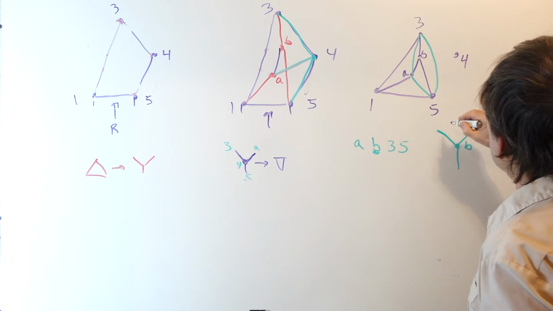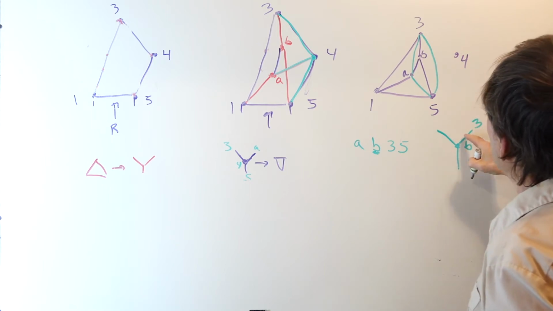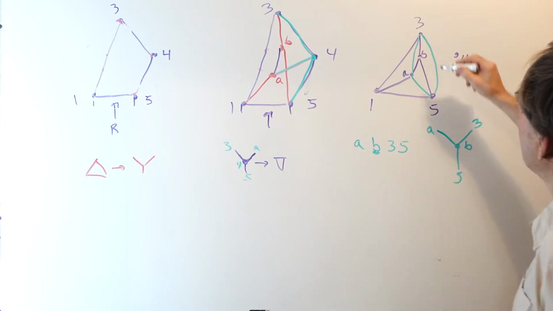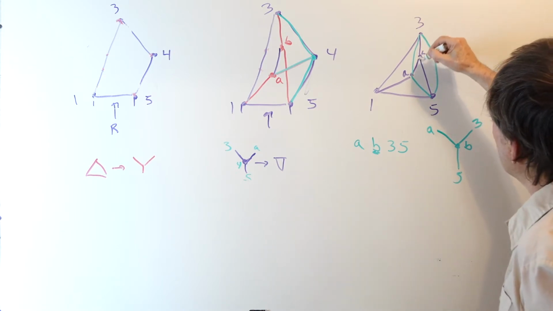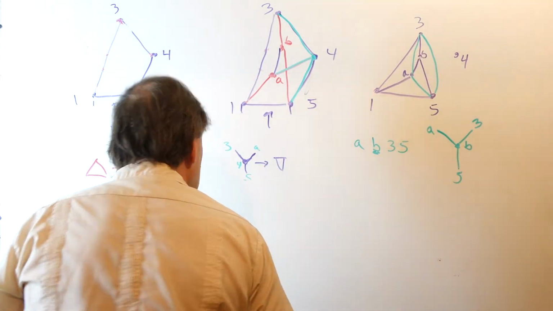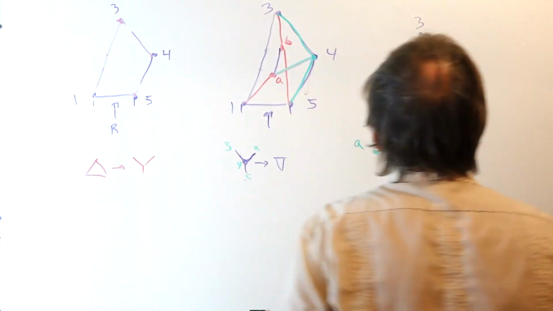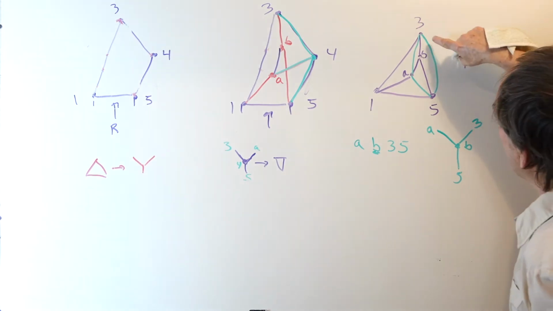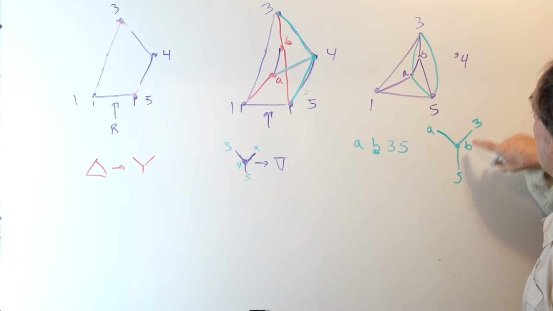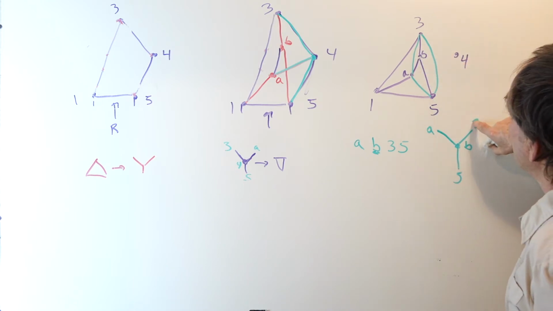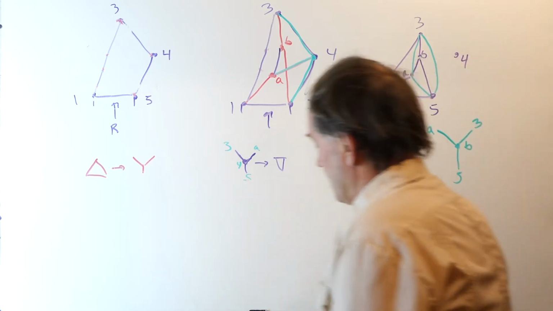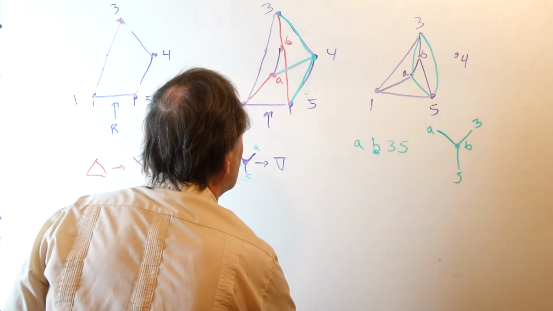So we go B to 3, B to A, and B to 5. So we're focusing on these elements here, and we're going to now convert that into a delta. And we can see when we do that, going from A to 5, 5 to 3, and 3 to A, we just end up adding 3 parallel elements.